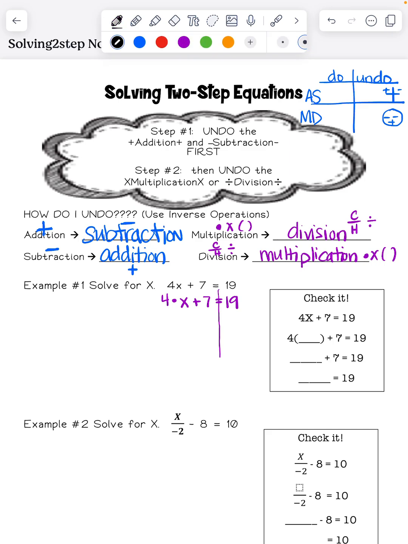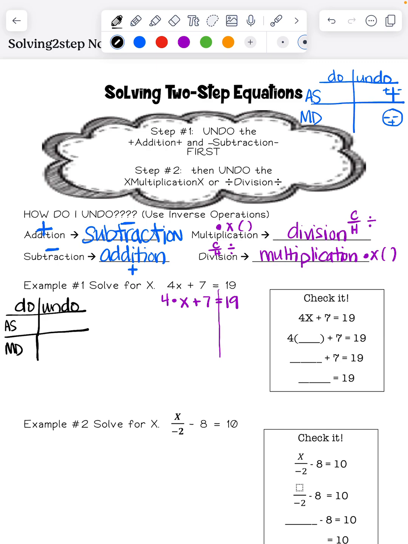So I'm going to come over here and I'm going to say, okay, I have do and undo. And remember, my first top section is going to be adding and subtracting because we have to get rid of the adding and the subtracting first. And then my second one will be the multiplying and dividing.